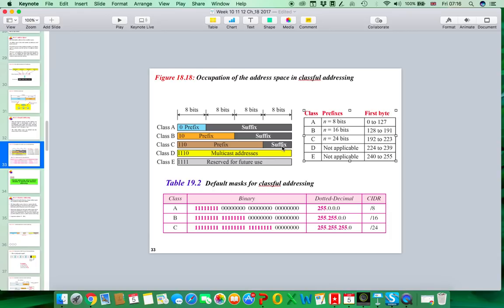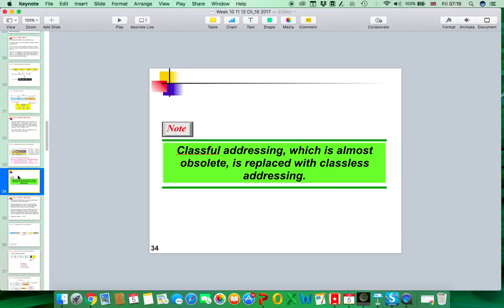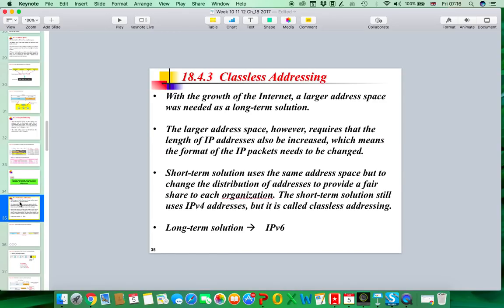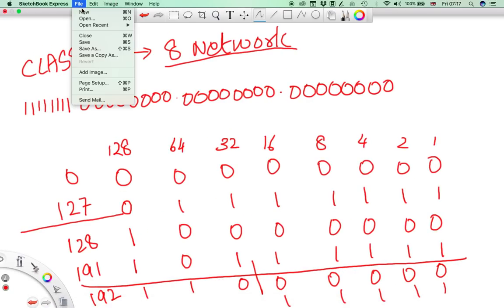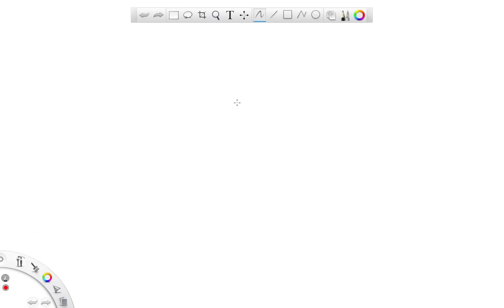So to avoid that, the industry came up with another type of address, which is classless addressing. Classless addressing meant that we could actually have other numbers in our network bits. You could have network bits like 17, 12, 9.